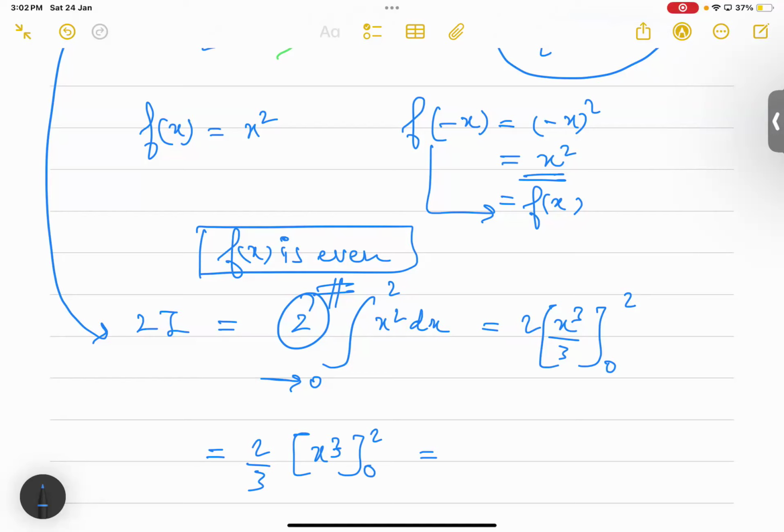How 8 by 3? This is 2I, sorry, so 8 by 3. Clear? Because the 2 and 2 got cancelled. So this was the last problem of definite integrals today.